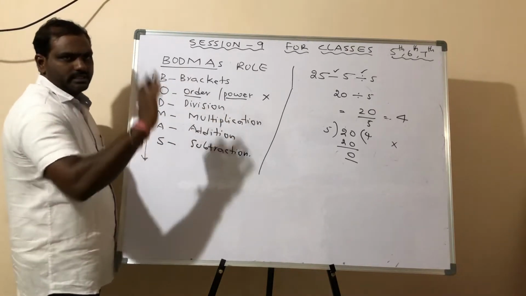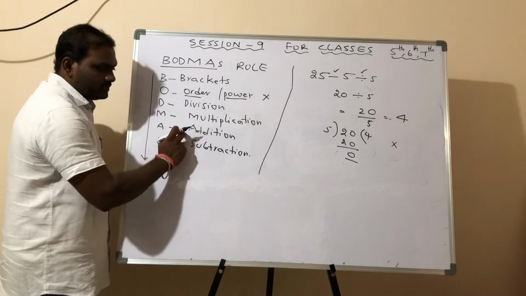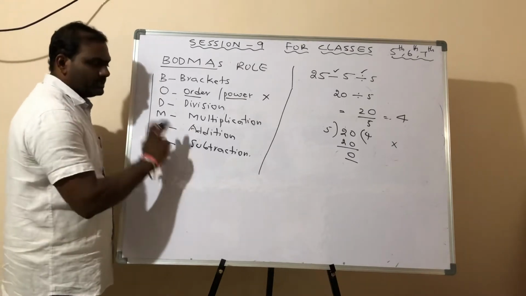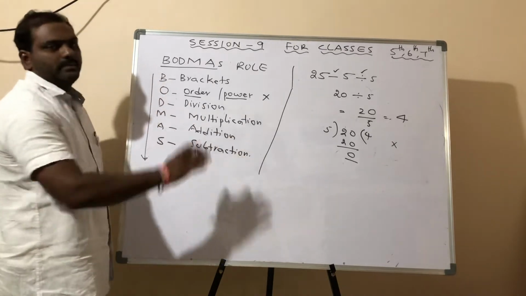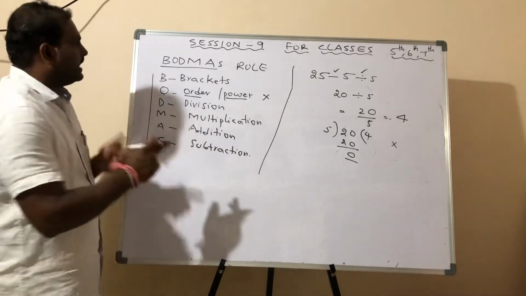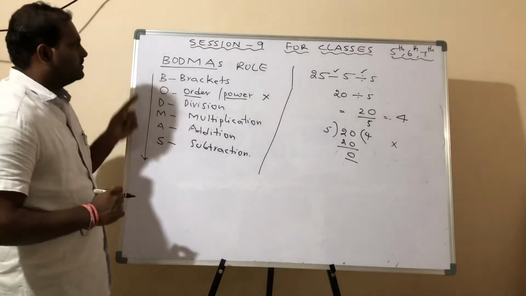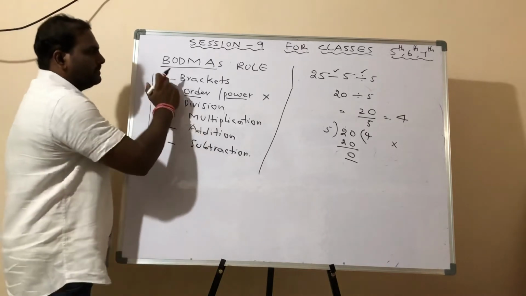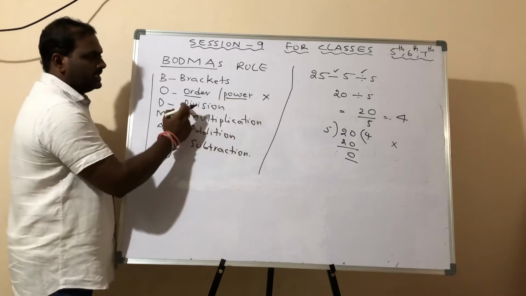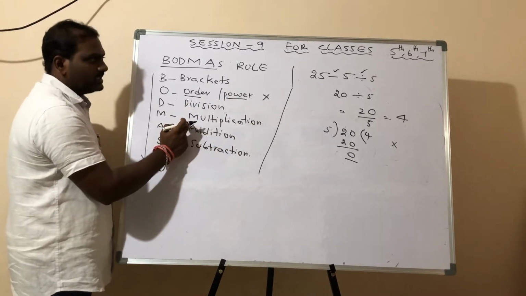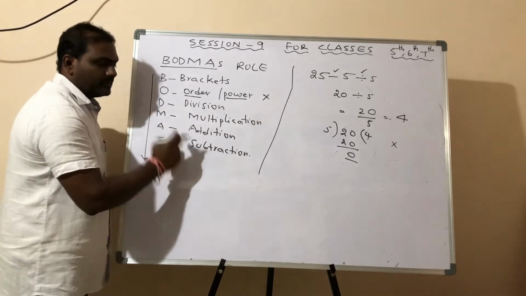Then we have to do the addition. Then we have to do the subtraction, in the last step. So I repeat again, a very very important rule, BODMAS. Brackets, order or power, division, multiplication, addition and subtraction.